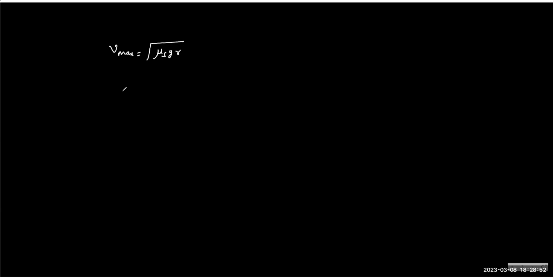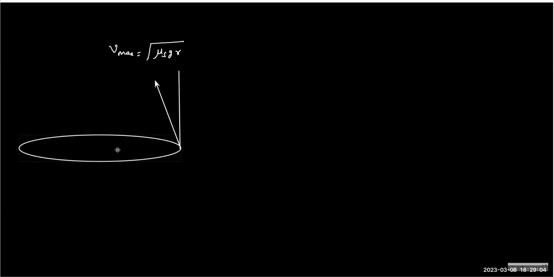And second, we learned that the tilt of the bicycle with respect to vertical is nothing but the resultant of normal and the static friction.